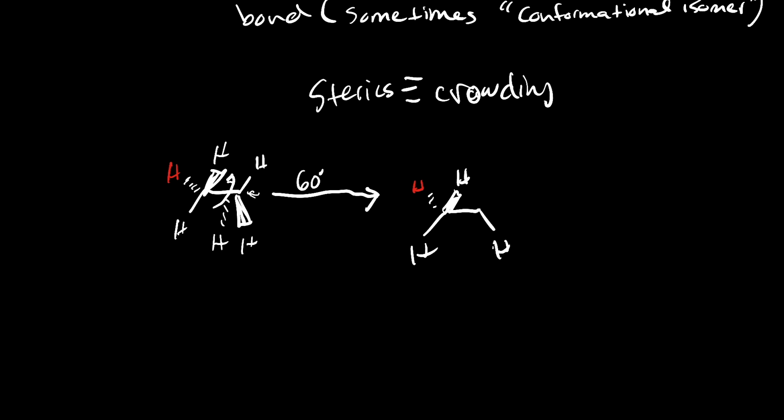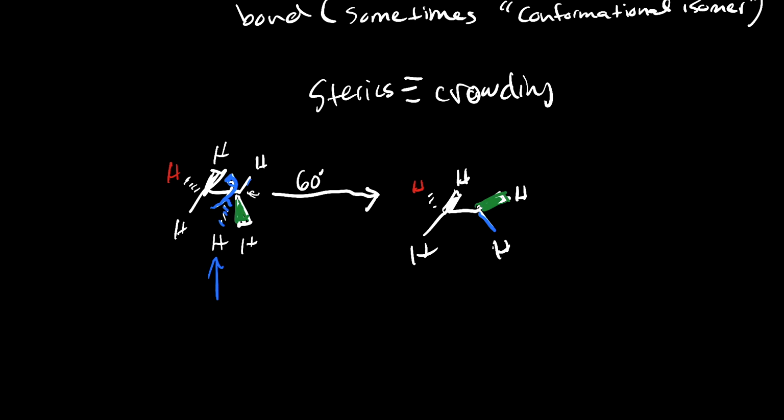And this is an important thing to keep in mind: a 60-degree rotation about this bond means that this hydrogen is now going to be this hydrogen, all right? Because it's rotated in this direction, so that's going to come a little forward. And then this hydrogen is now going to be popping out over here. So that would be this hydrogen right here. It's now this one.